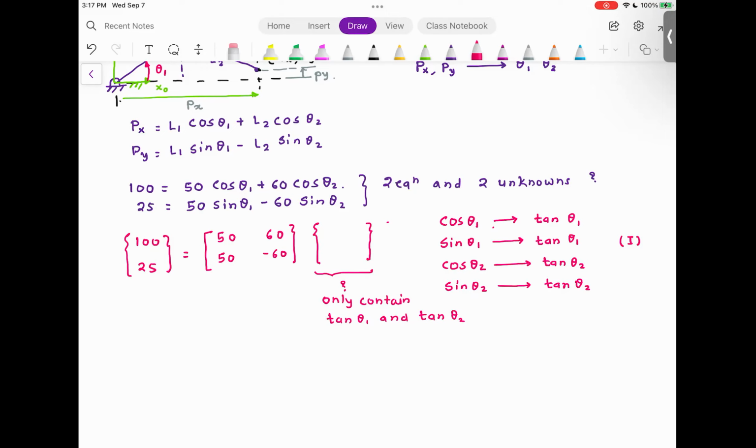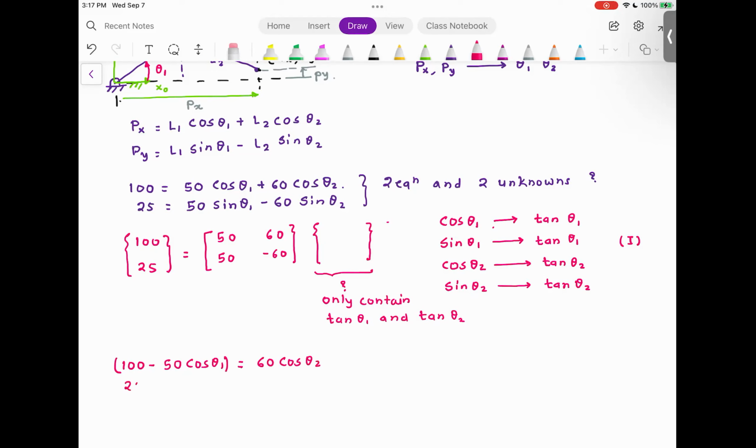So the second manipulation that is possible is I'm going to use this equation: 100 minus 50 cosine theta 1 is equal to 60 cosine theta 2.